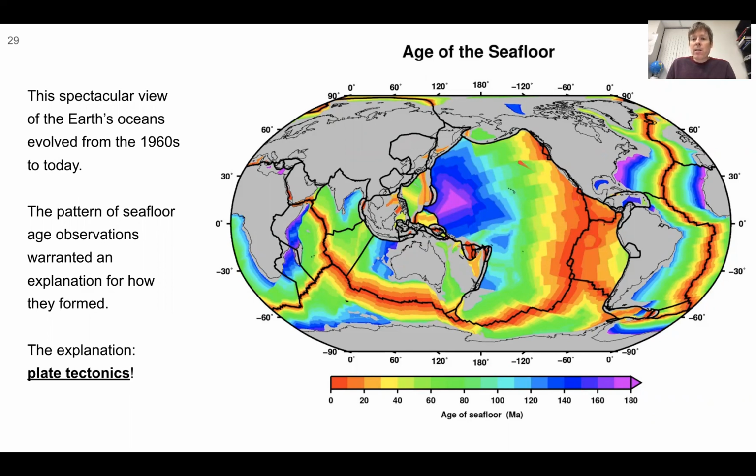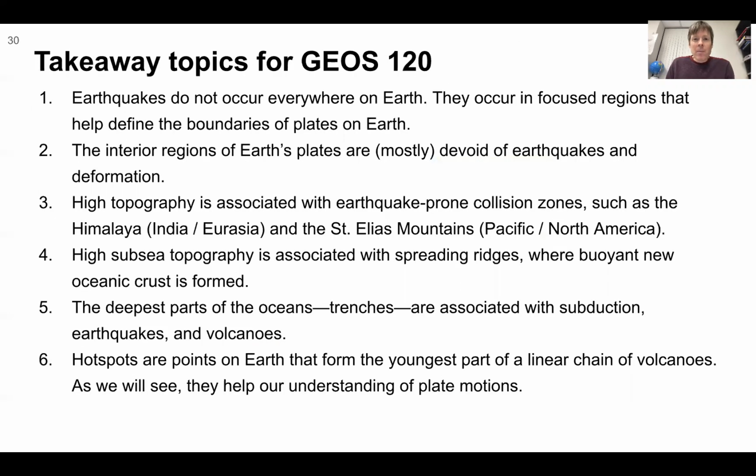There's so many systematic features when you look at this information that it sort of demanded a holistic view of how this happened. And that's where plate tectonics came in out of the 1960s, even though these original ideas were really put forward in 1912 by Alfred Wegener.